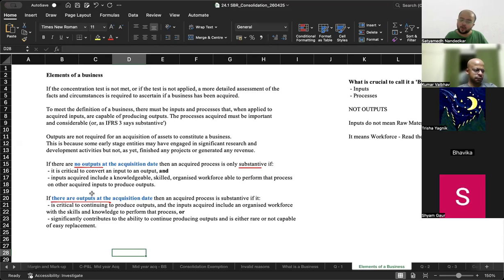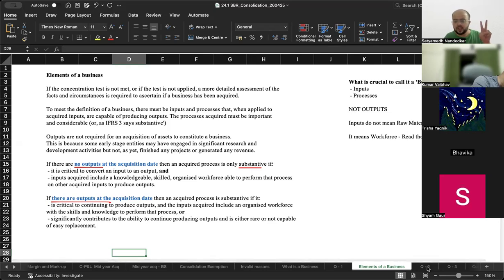And if there are no outputs at the acquisition date, then an acquired process is substantive if it is critical to continuing to produce outputs and the inputs acquired include an organized workforce with the skills and knowledge to perform that process, or significantly contributes to the ability to continue producing outputs and is either rare or not capable of easy replacement.